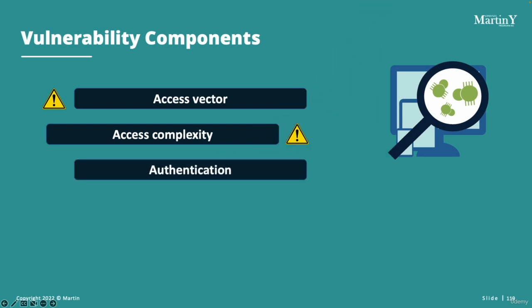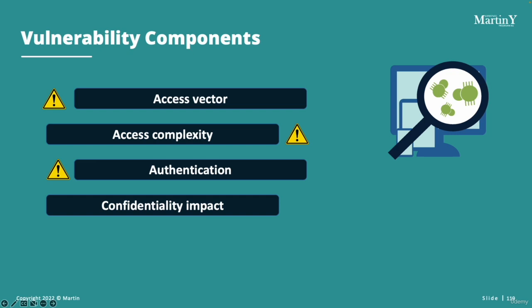Another very important metric is the authentication, and this metric analyzes the number of times the attacker needs to authenticate to exploit a certain vulnerability. So according to this metric, we're measuring whether an attacker is required to provide credentials before the vulnerability occurs. In general, the fewer authentications are required, the higher the vulnerability score would be, because it's easier for the attacker to access the system.